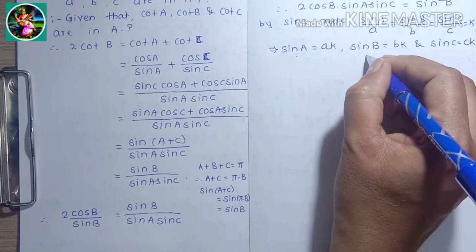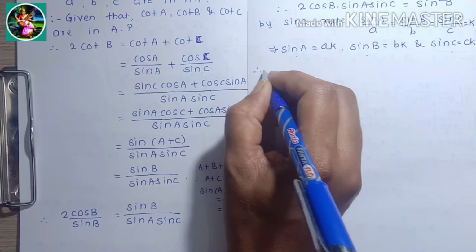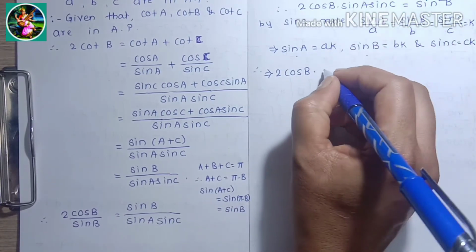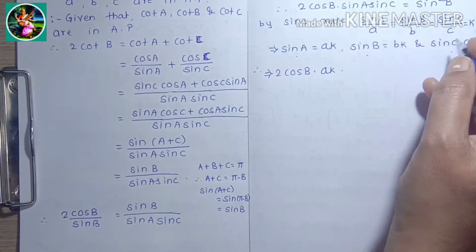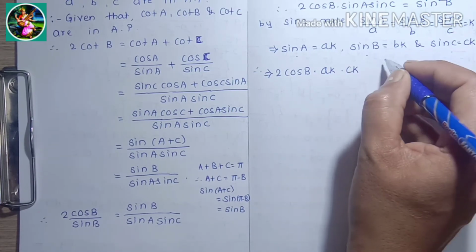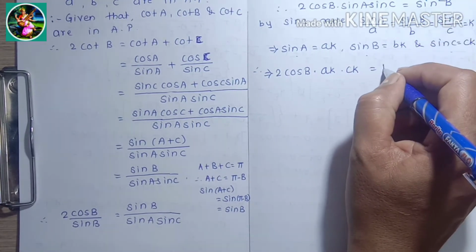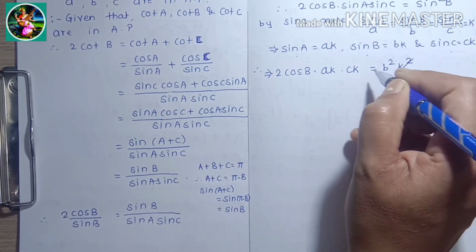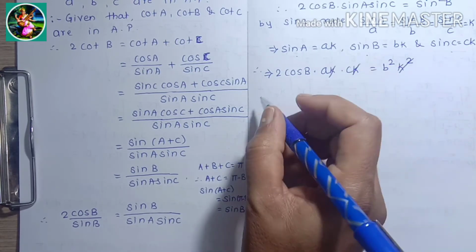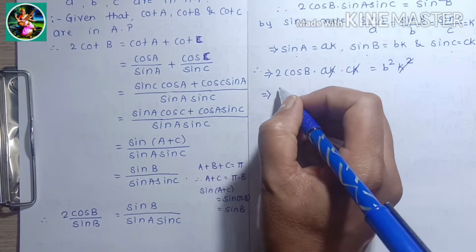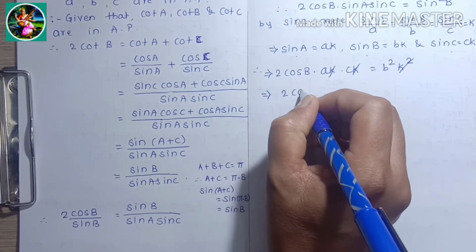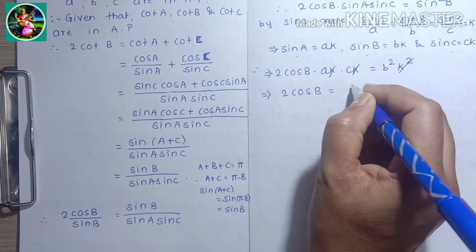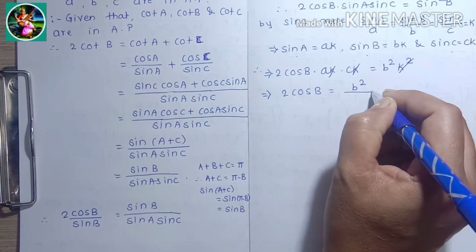If we substitute these values in this equation, we will get 2 cos B into ak into ck is equal to b square k square. Now k square cancels, and here we get 2 times cos B is equal to b square divided by ac.